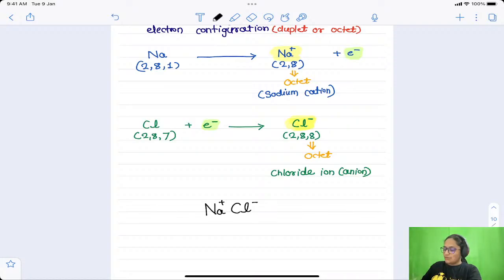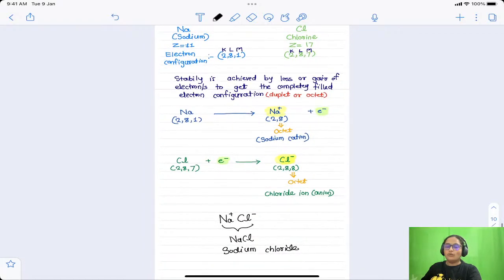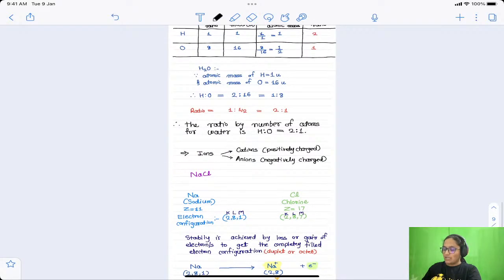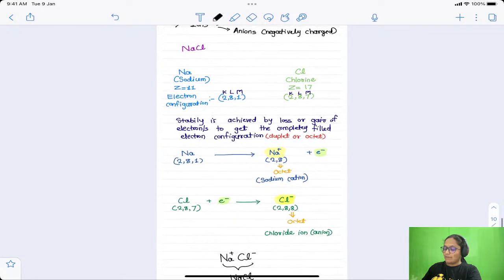They come closer to each other and we are getting the product called as NaCl, that is nothing but sodium chloride. Okay, that is nothing but sodium chloride. So this is how the ions are produced. This is the reason ions are produced, to get the stable configuration, and once they get the stable configuration, they are forming the chemical compound.